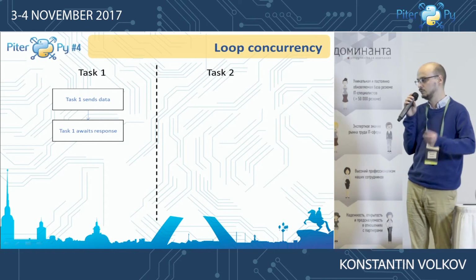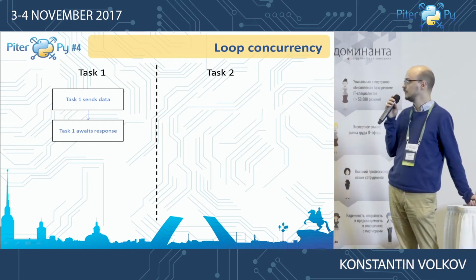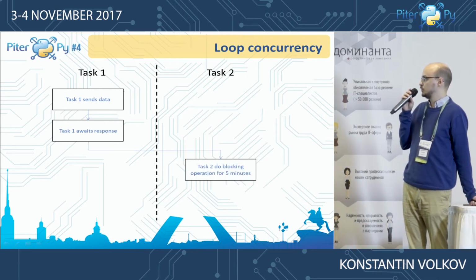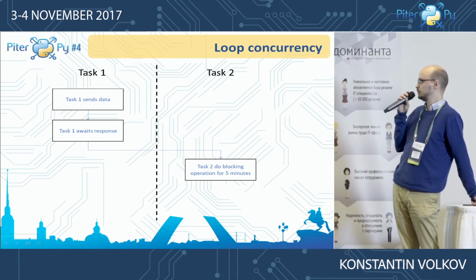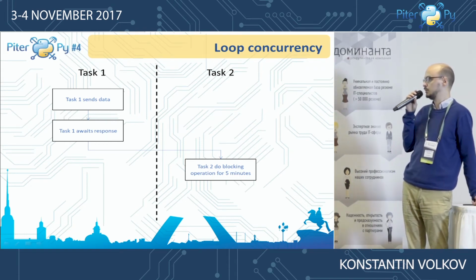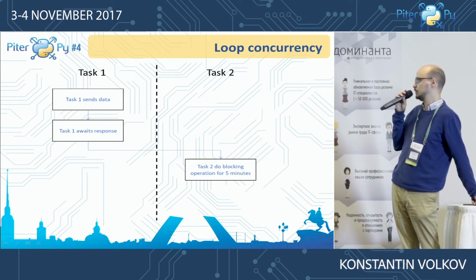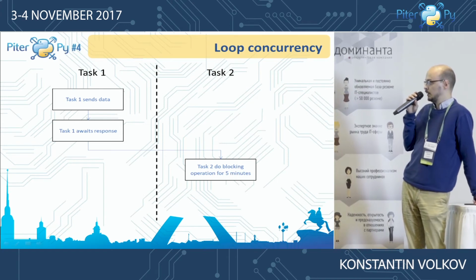So that DB was awaiting a response, and then it started understanding that it was disabled. Then task 2 started working, and naturally something was wrong within, and the task only worked for 5 minutes without a single await.